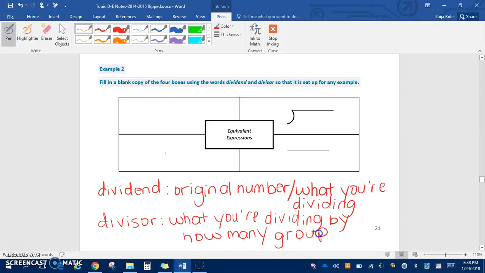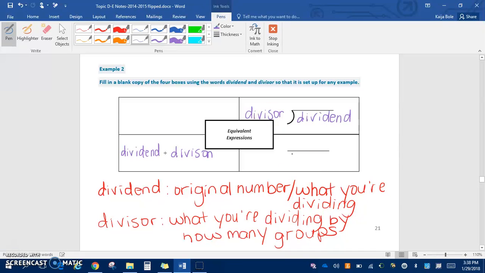Alright, so we're going to use that to fill in our organizer here. So, if we use just a symbol first, it's always the dividend divided by the divisor. So that means when we use our division symbol up here, the dividend goes on the inside and the divisor goes on the outside.